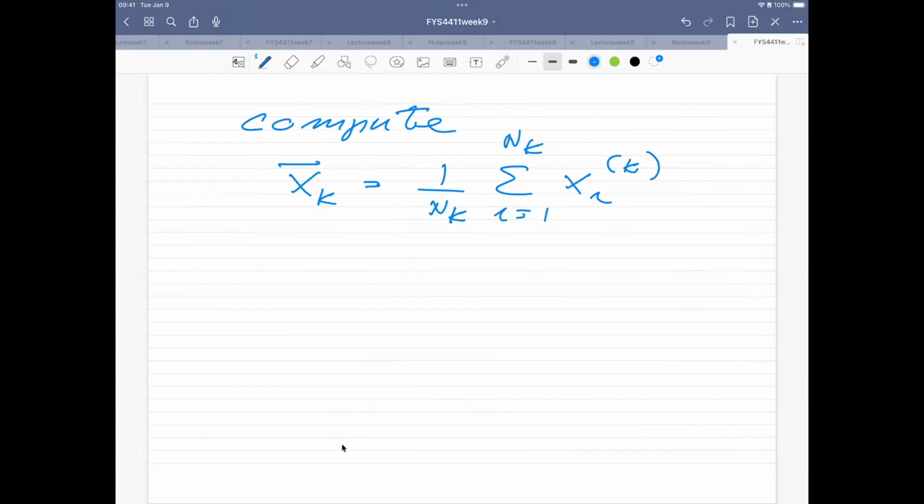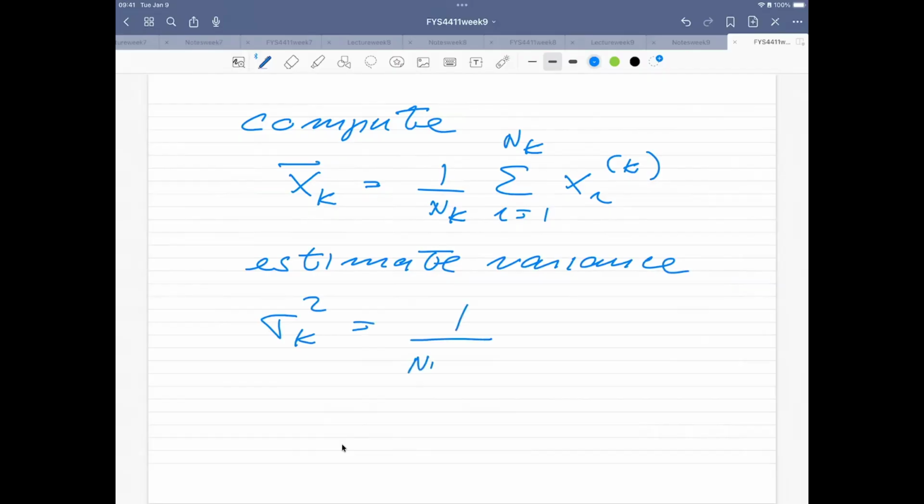I estimate the variance, and this variance sigma_k squared is going to be given by 1 over n_k minus 1, the sum from i equal 1 up to n_k of x_{i,k}, the data points we have in that block, minus this x-bar_k.